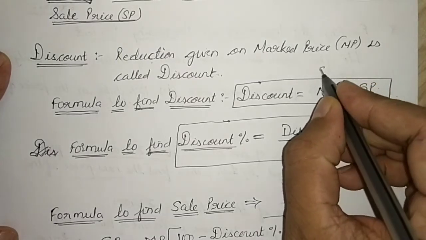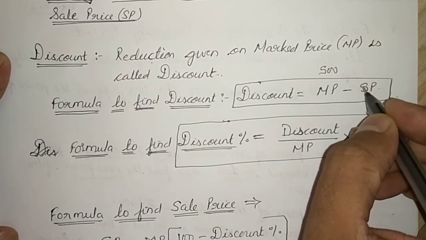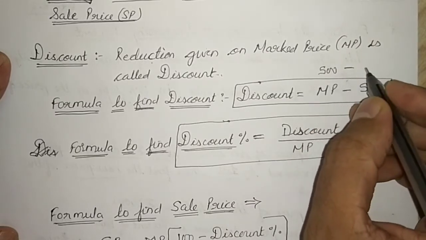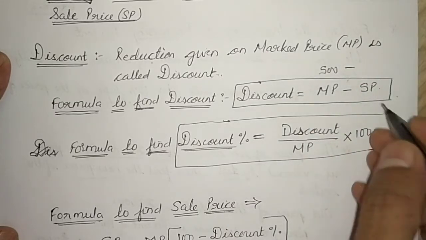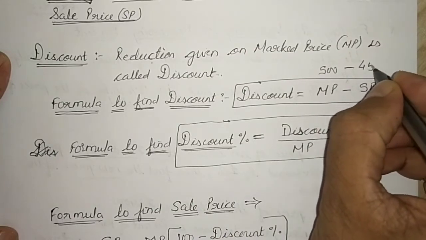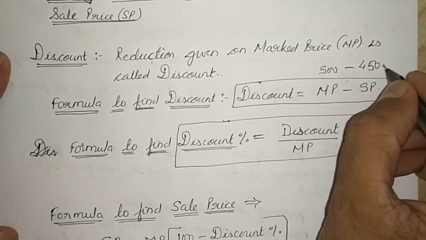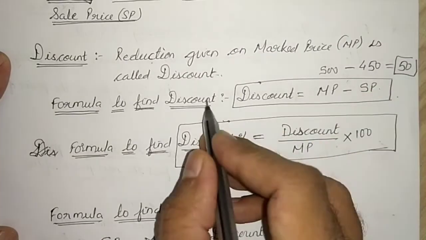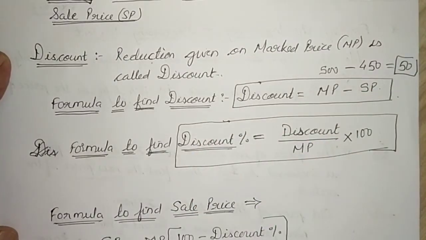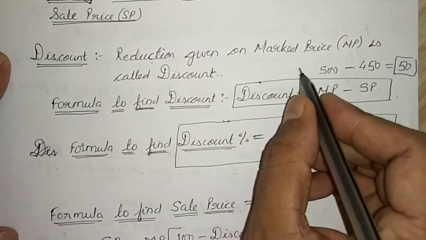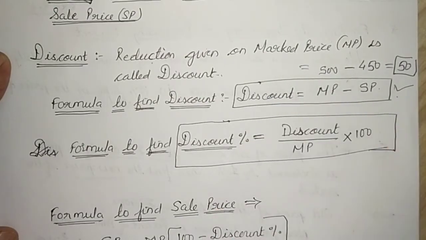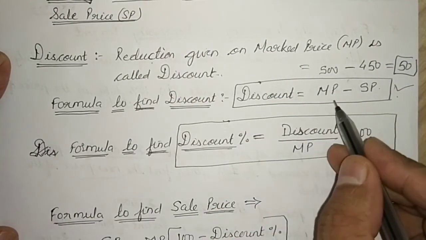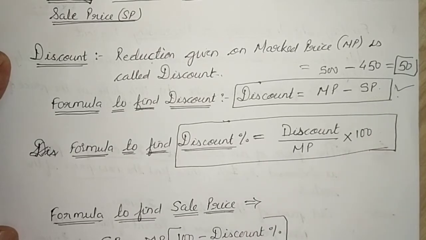That is, MP was 500, minus they sell me at 450 price. So the difference is 50. So whenever we are supposed to find discount, this is the formula: discount is equal to marked price minus sale price.